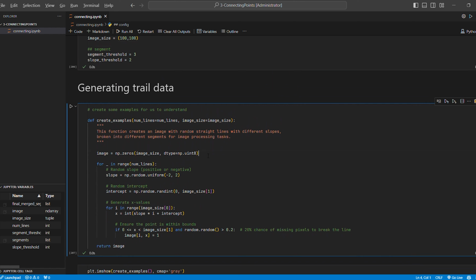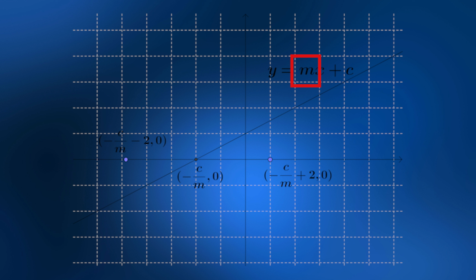So this np.zeros will create a multi-dimensional array which will have the size of the image size and will have all zeros. Now we need to create a line. Every line will have a slope and an intercept, y = mx + c, where m represents the slope and c represents the intercept.